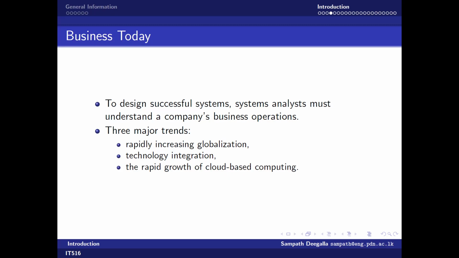I think more than 90% of our lecturers have PhD qualifications and so on. Similarly, in each and every organization you have main business functions which you need to understand, right? Without that, we might not be able to design a successful software system.